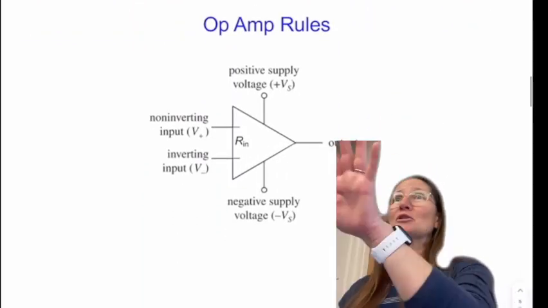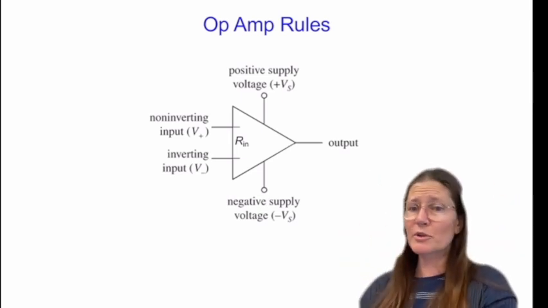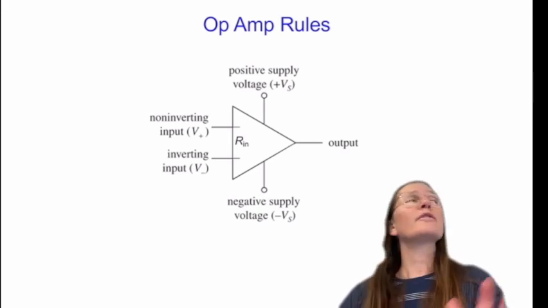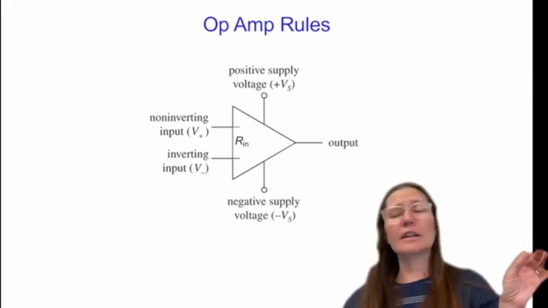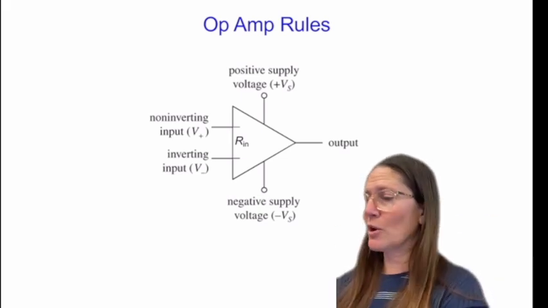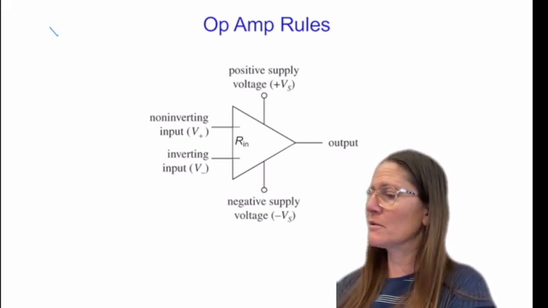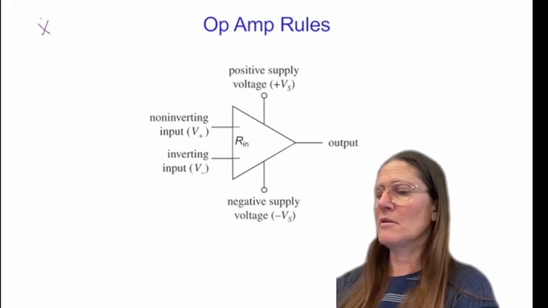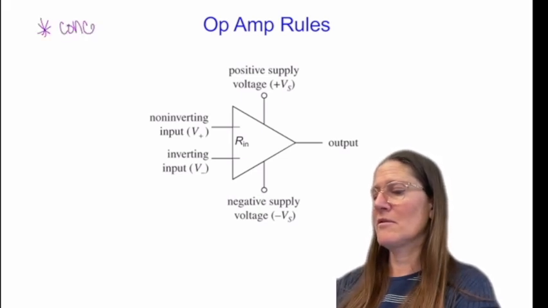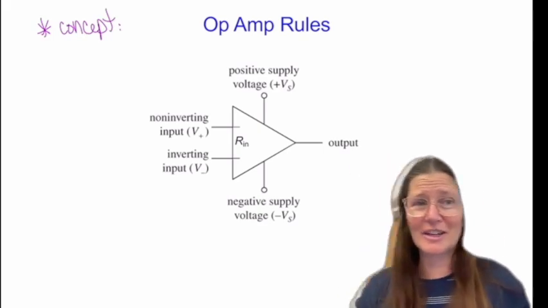Okay, so now, how do these work? There are different ways that they work. The first thing that we're going to understand is these op-amp rules. These are the characteristics. I'm explaining the concept, and then it's up to you to go practice this concept.